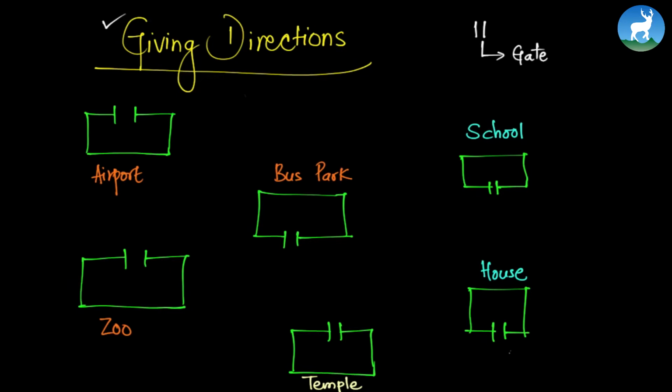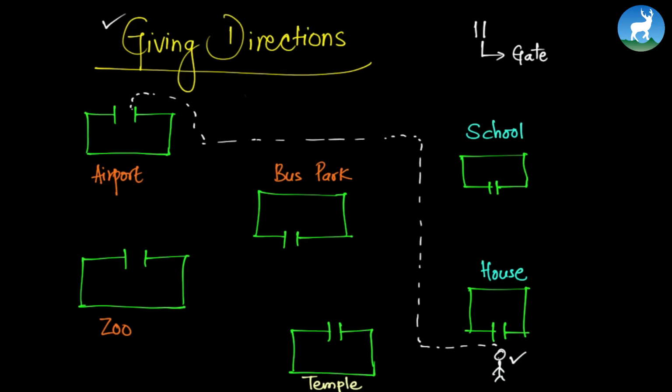So let's say you are right here, outside your house, at the gate. Let us assume you want to go to the airport. How would you go? From this point, you would walk like this and you would reach the airport, correct?